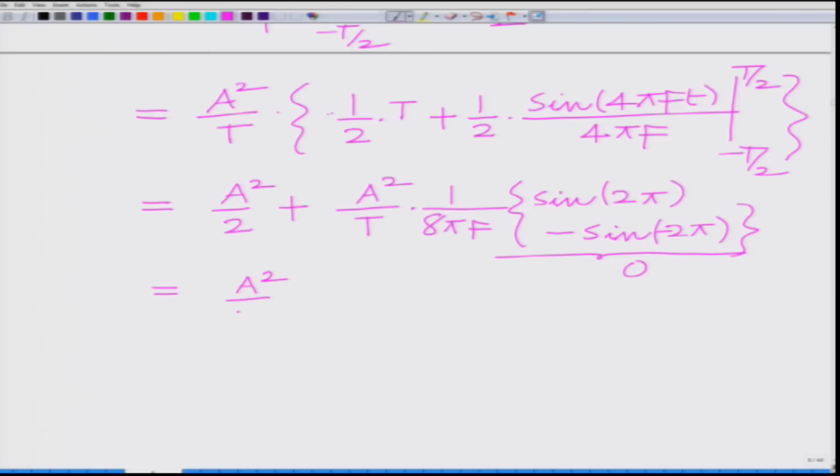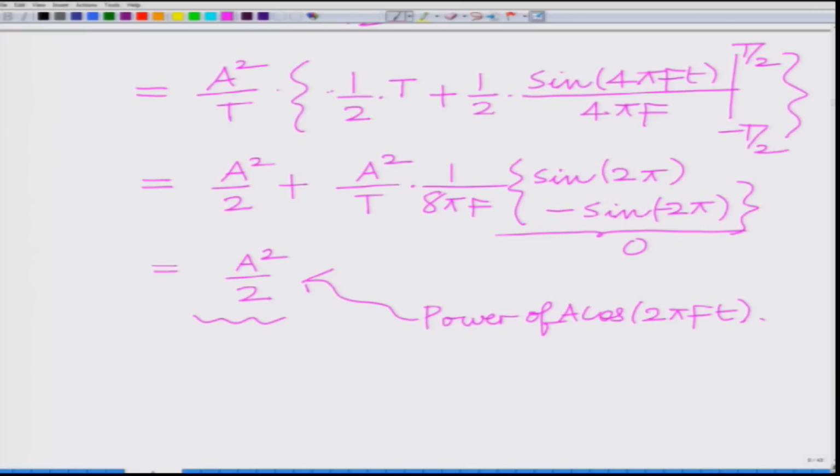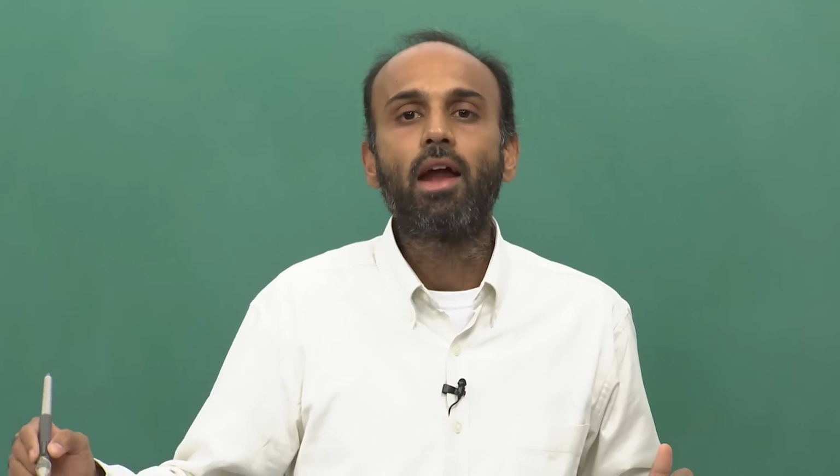So, this is A square divided by 2. So, the power of the sinusoidal signal of amplitude A, the power of your A cosine 2 pi f t, is A square divided by 2. In general, you can show that the power of any sinusoidal signal with amplitude A and phase phi is equal to A square divided by 2.